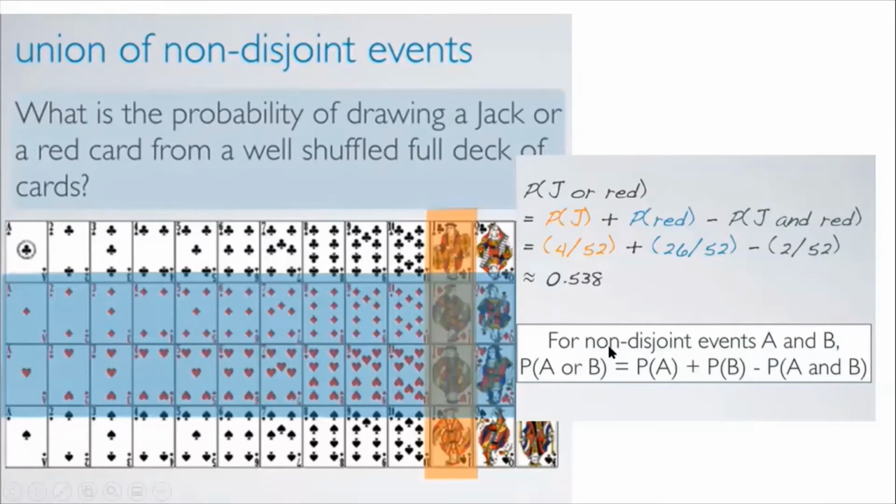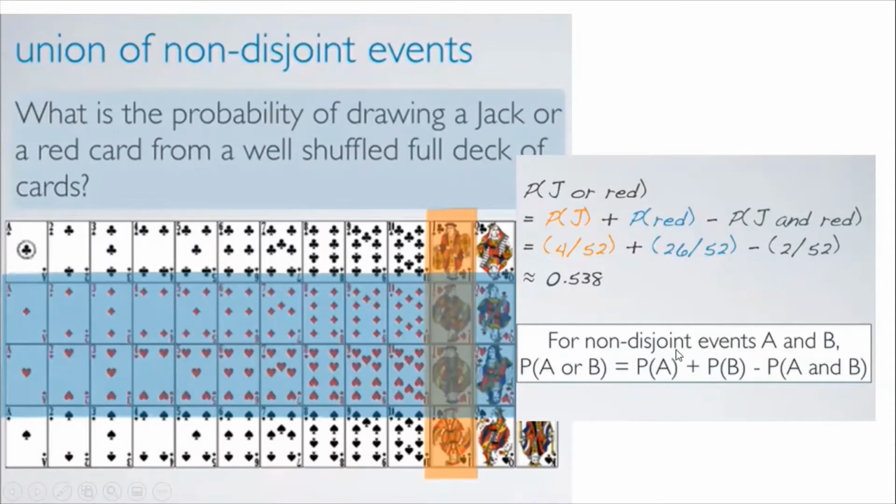So when we generalize this, the probability of A or B turns out to be the probability of A plus the probability of B minus the probability of A and B. The context matters here. If the events are non-disjoint, you use this formula for the additive rule.